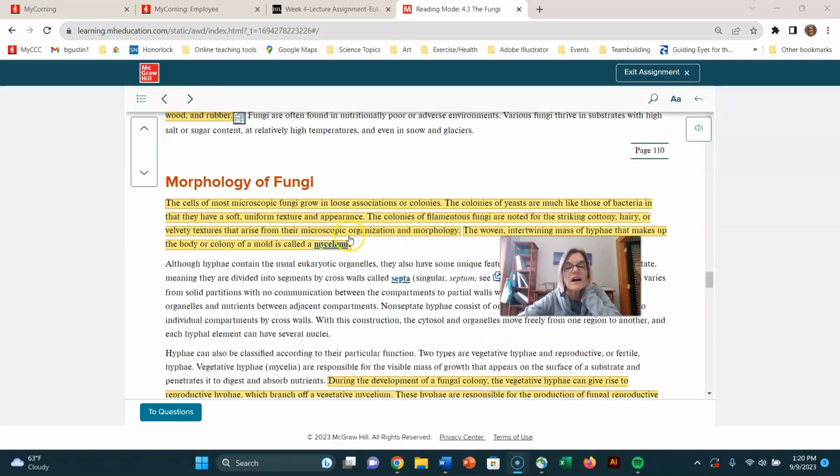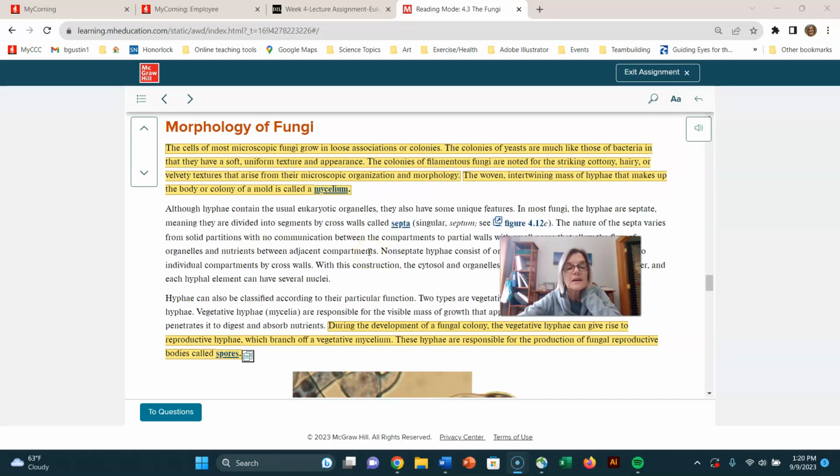Down here, I talk a little bit about the concept of how hyphae form mycelium. And here it talks about how fungi can grow in colonies like bacteria do in a natural environment or on an agar plate. Yeast colonies look a lot like bacterial colonies, but mold colonies look fuzzy.